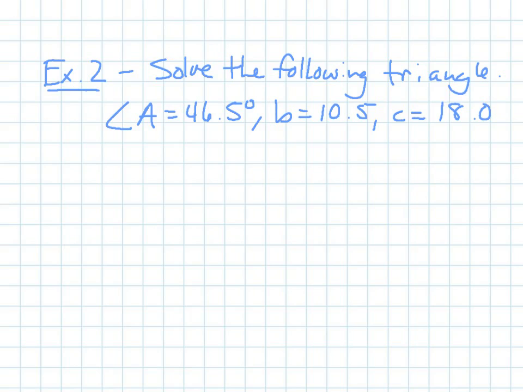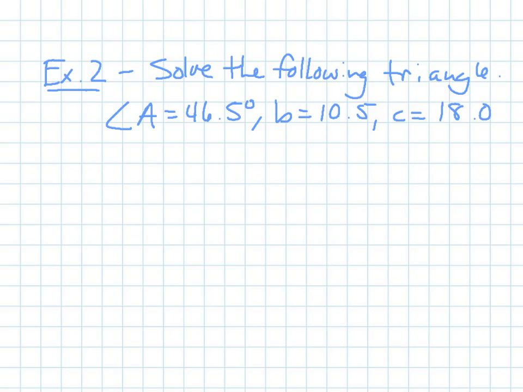Okay. Next example, you're given one angle and two sides. So here, now you can choose to do whatever you want. You can find the angle or you can choose to find the other side that's missing.